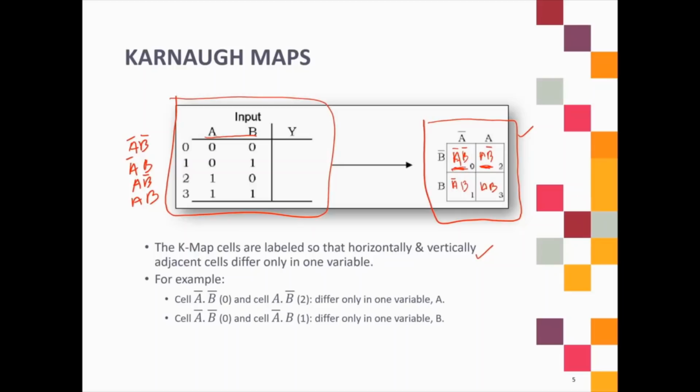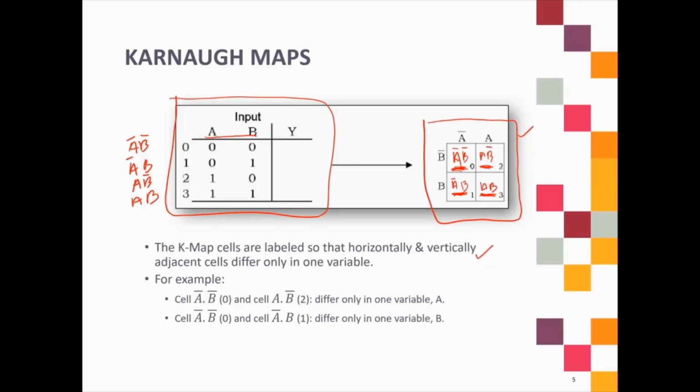Same as the first one, on top and also below: here we have A bar and B bar, below is A bar and B, so it differs in only one variable, which is B bar and B. This one is the same too, left and right. If you refer to these two cells, you have A bar and B, here is A and B bar, so it differs in only one variable, which is A, because this one you have A bar and then this is A.